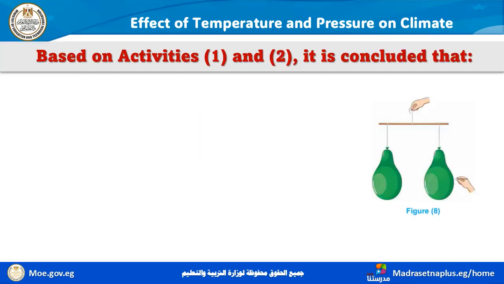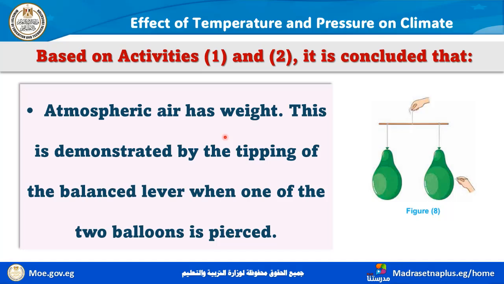Based on activities 1 and 2, it's concluded that atmospheric air has weight. This is demonstrated by the tipping of the balanced lever when one of the two balloons is pierced.